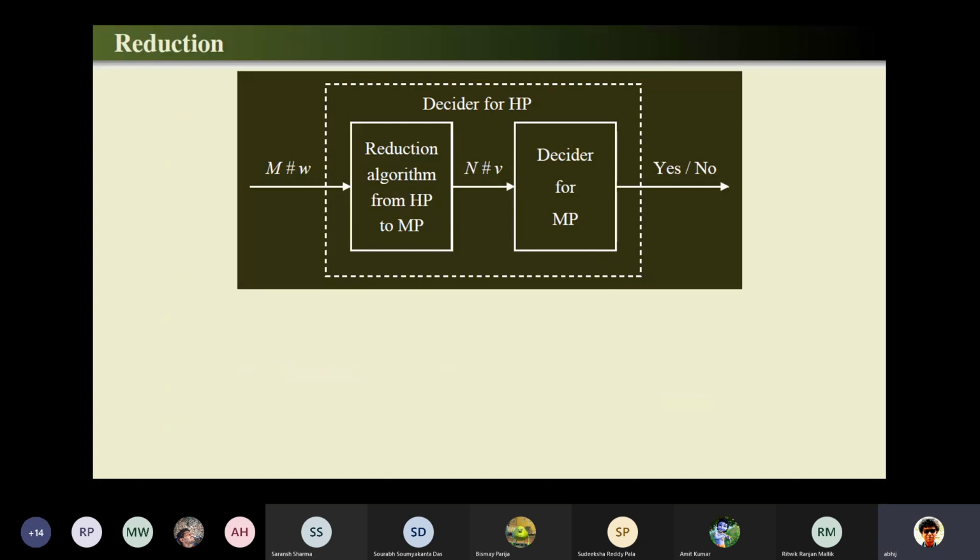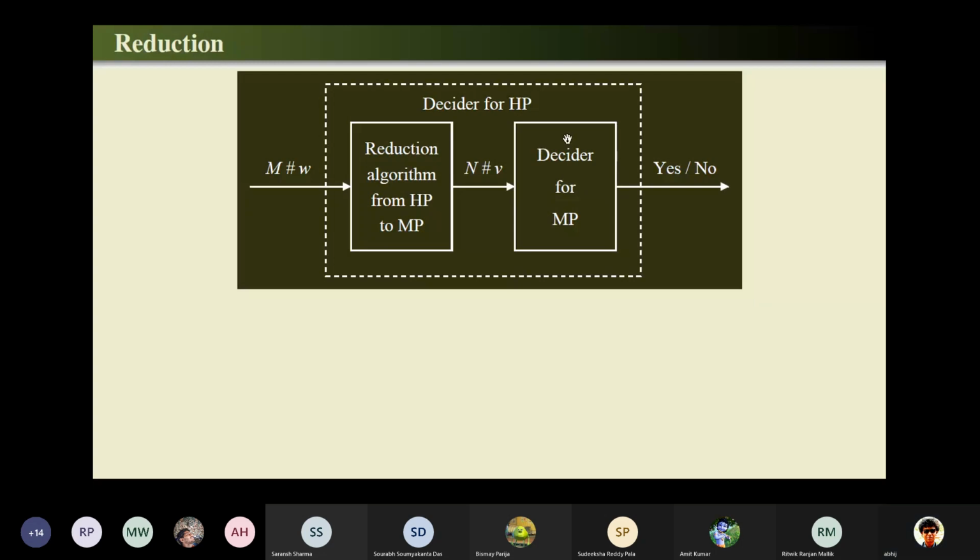So this reduction works as follows. Once again, it's a proof by contradiction. Assume that the membership problem is decidable. So it has a decider shown like this. This is a hypothetical decider.